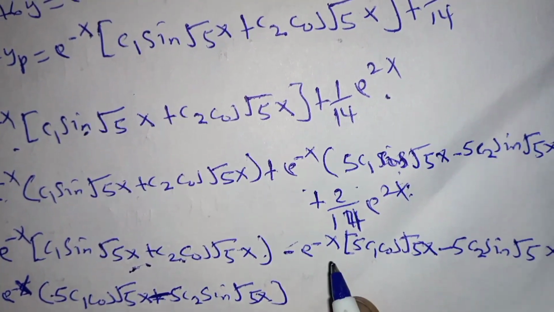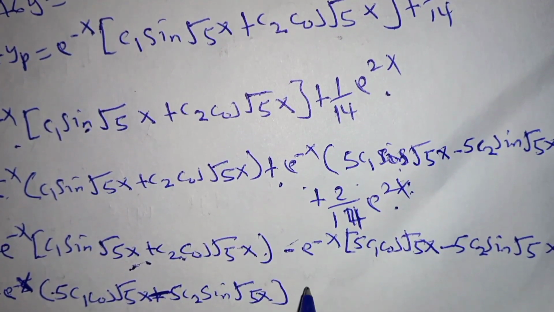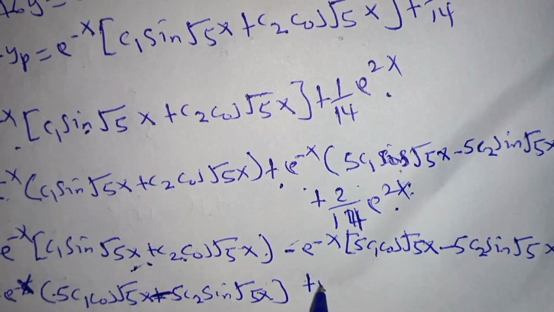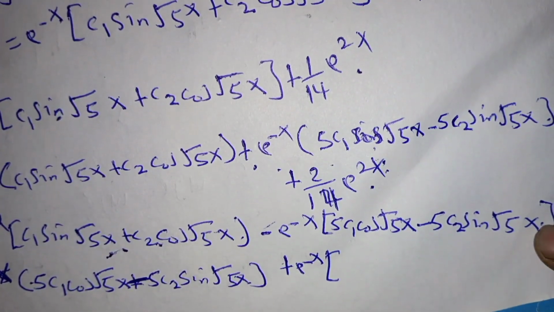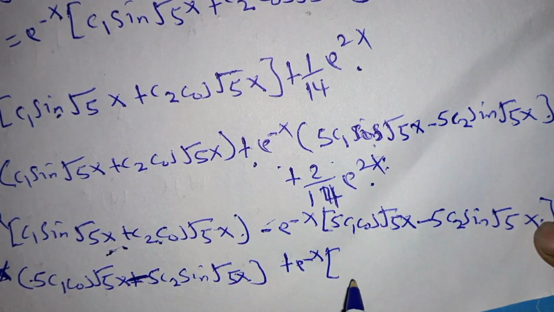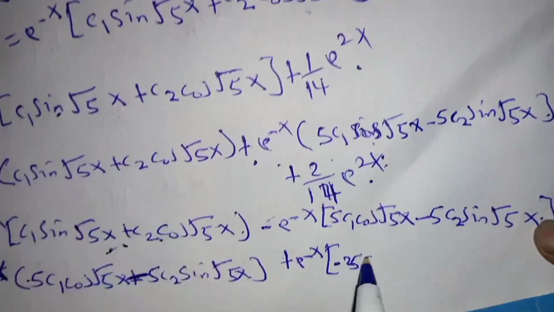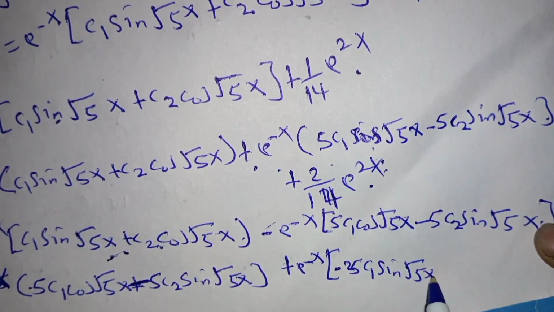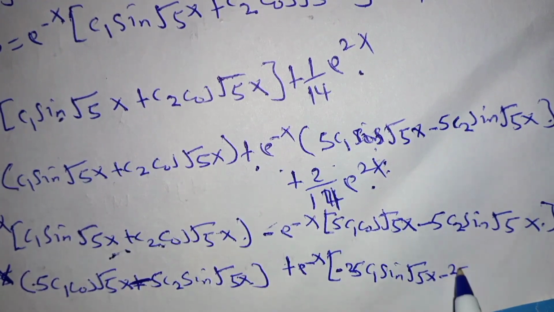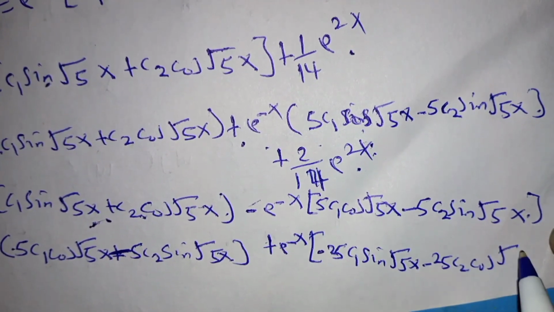Then you keep this constant and differentiate again, which will give you plus exponential negative x into bracket, which when differentiated gives negative 5 c1 sine of root 5x minus 5 c2 cos of root 5x.